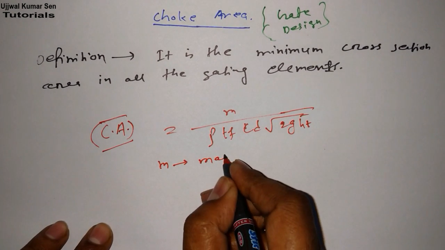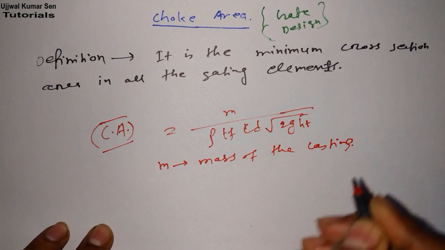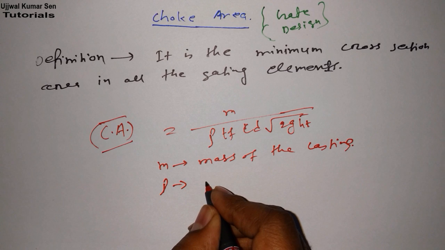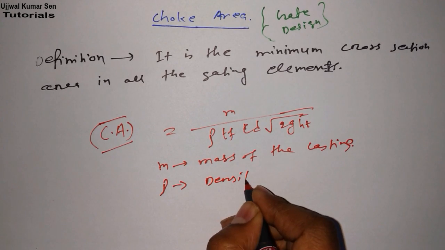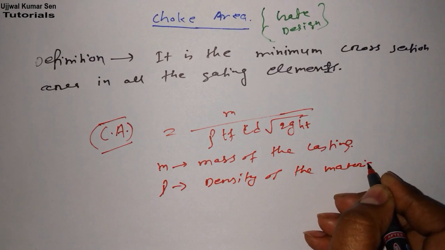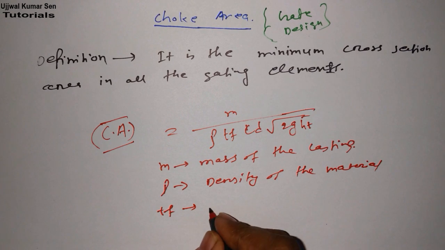M is mass of the casting. Density is the density of the material. TF, what is TF?